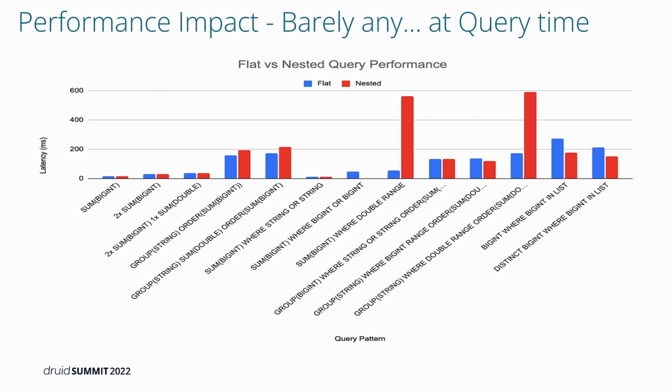One is in flat form, so each of the columns is an individual column. In the second case, we've embedded them all into a JSON structure and queried them as nested JSON columns. So the comparison here is between the flattened version and the nested version of the column, and different query patterns and how they're affected.